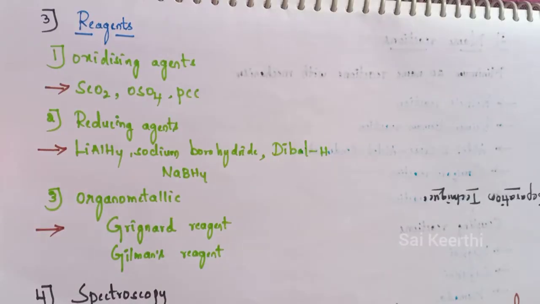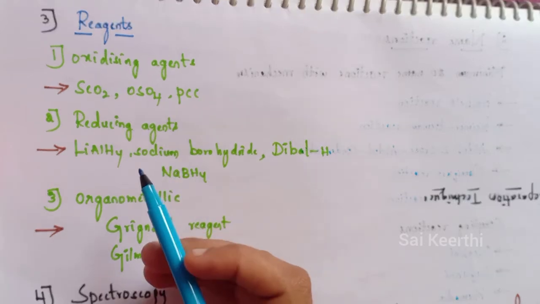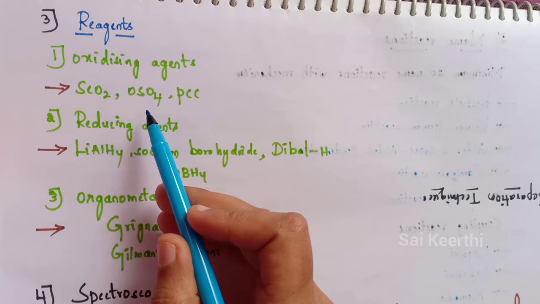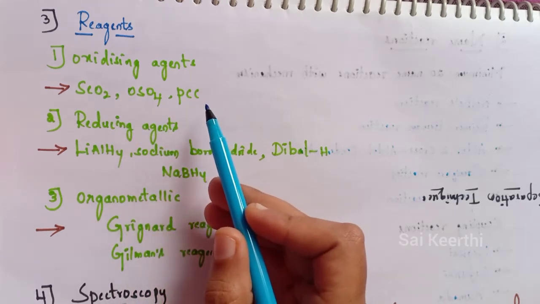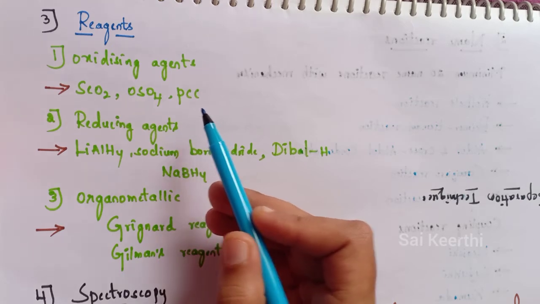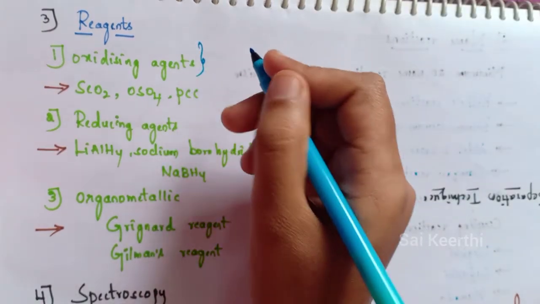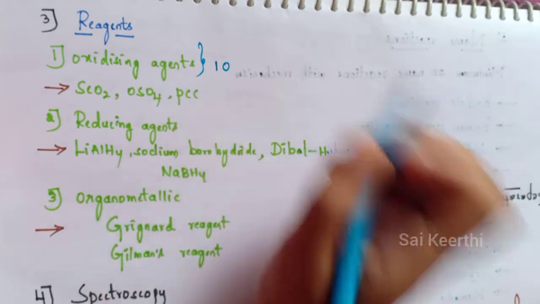And coming to the third topic you must prepare is reagents. So there are oxidizing agents, reducing agents and organometallic reagents. So you have to study these reagents very thoroughly. Coming to the oxidizing agents, I have mentioned some of the examples here, that is selenium dioxide, osmium tetroxide and PCC, that is pyridinium chlorochromate. Under oxidizing agents, you must study at least minimum of 10 reagents.